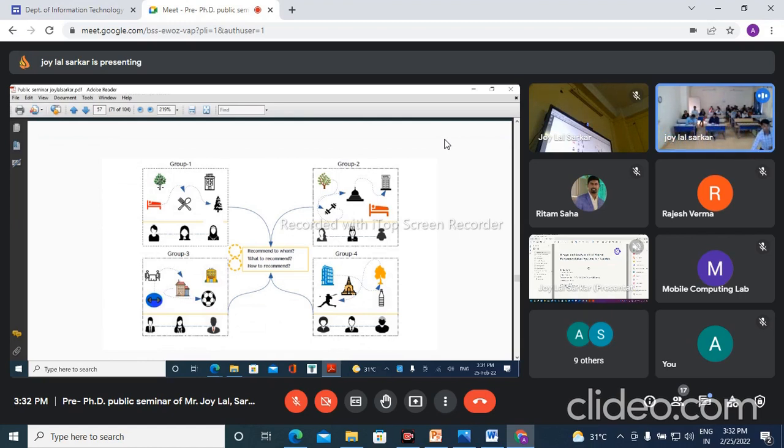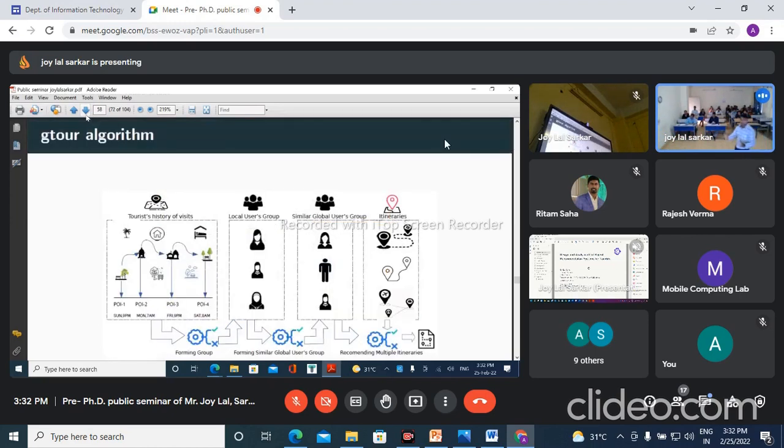Based on that, this is my overall framework of group-based recommendation. This is tourist history of visit, local user group, similar user group. I cannot say only local users, because we can go in a group and cannot go alone in the US. So I need both local user groups as well as global user groups, and I need to group them.